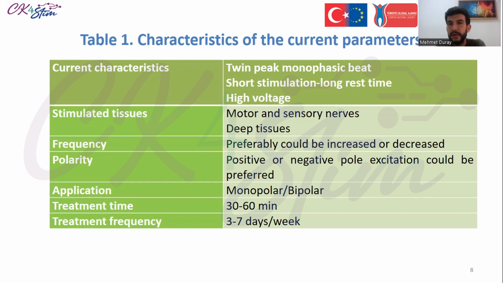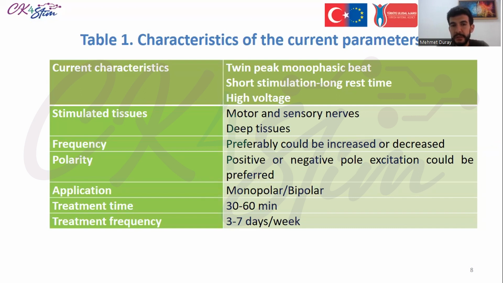High voltage pulse galvanic stimulation stimulates especially motor and sensory nerves in deep tissues. The frequency of the current could be increased or decreased as preferred. You can choose positive or negative pole excitation.